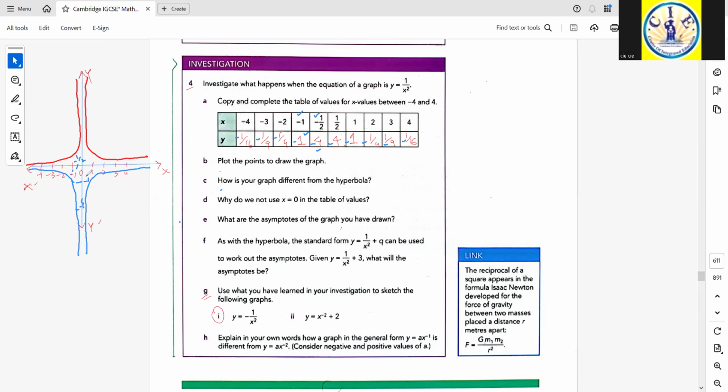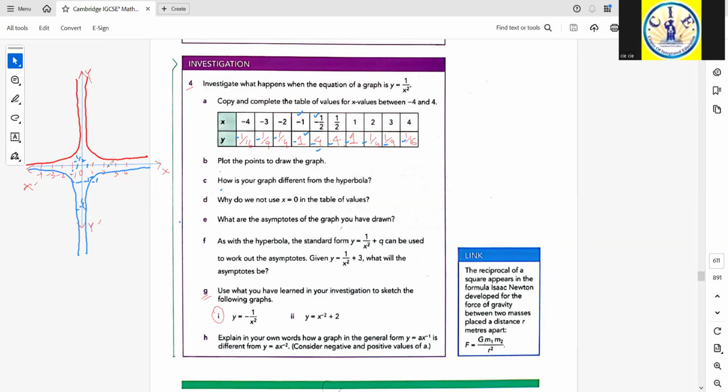And for even positive value of x to be 1 by 2, the value of y is still negative 4, and for 1, the value of y is still negative 1. So this is how this graph is to be drawn.